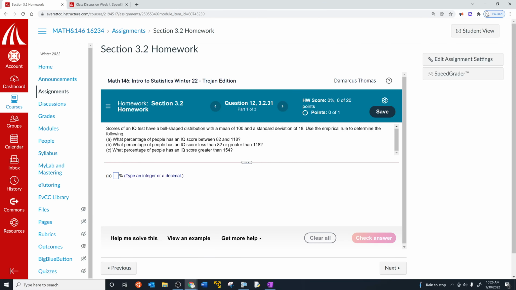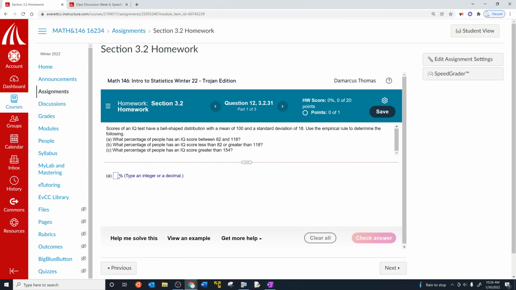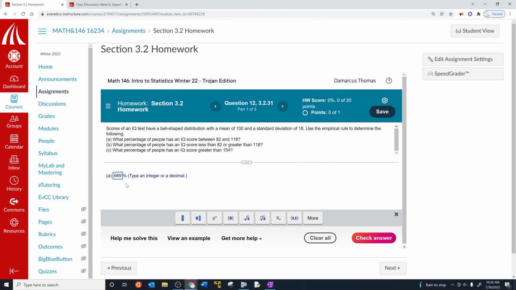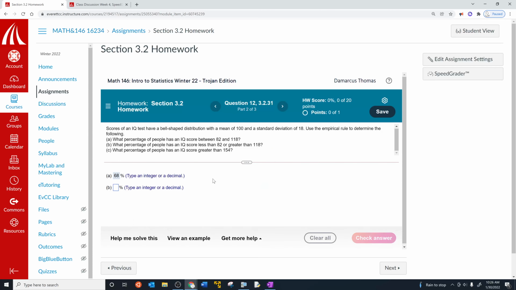It says, what percentage of people has an IQ score between 82 and 118? Well, between 82 and 118, that's going to be 68%. That's based on the empirical rule straight away. What percentage of IQs is less than 82 or greater than 118?